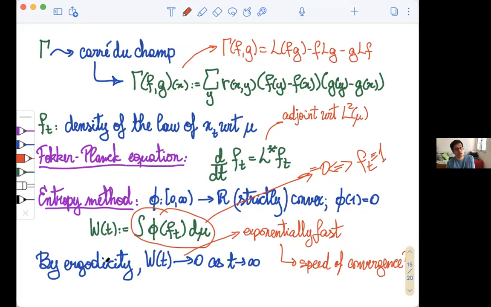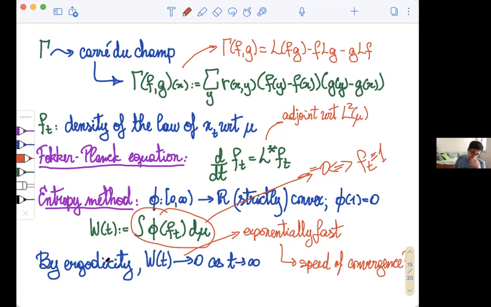That's not a mystery, but what we would actually like to know, the information we would like to get, is the actual speed of that exponential convergence.